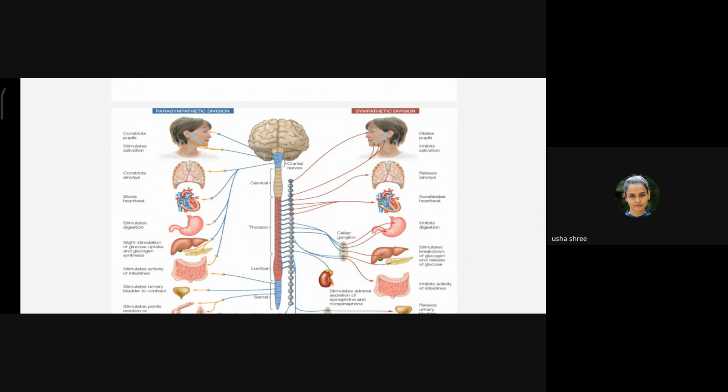I am having a confusion in this. I will tell you after confirming this. Okay, so just put a dash in the airway portion. I will confirm it later.